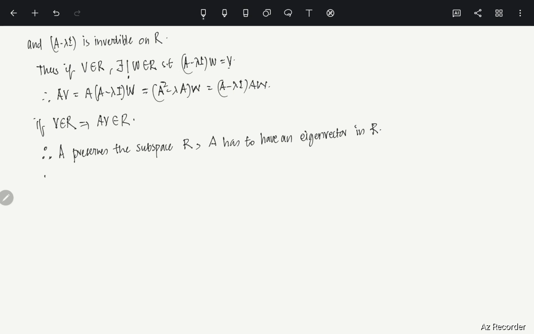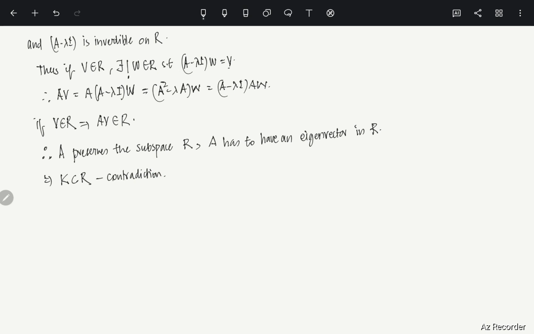Okay. Then that will imply that K has to be containing R, which is a contradiction, because we have assumed that K is not contained in R, right?